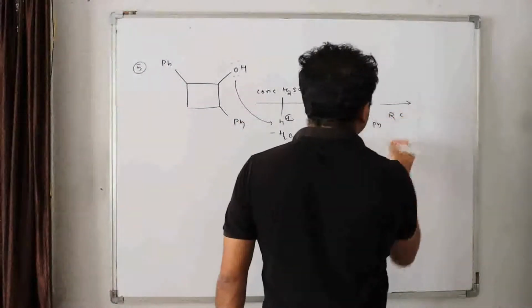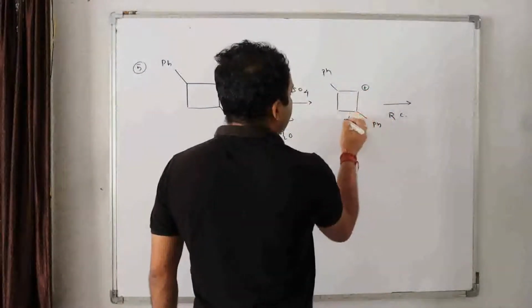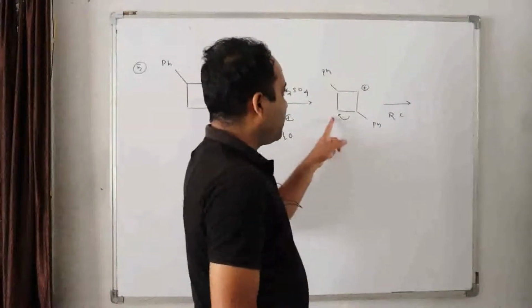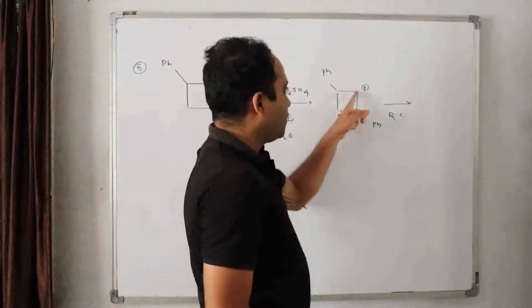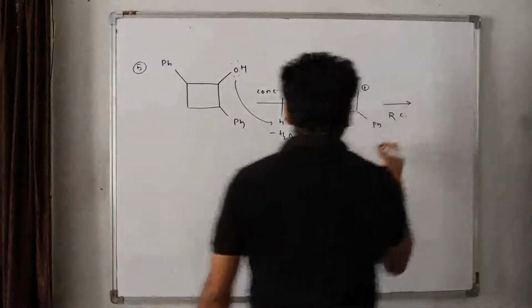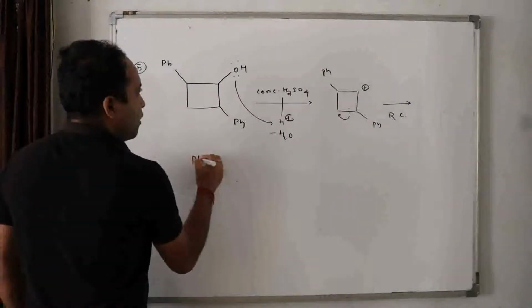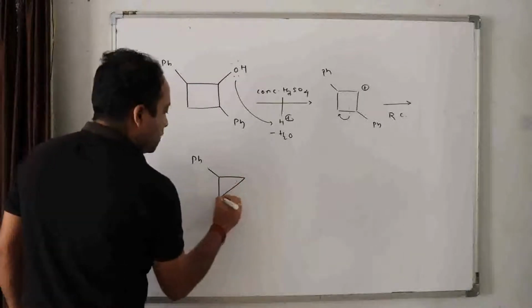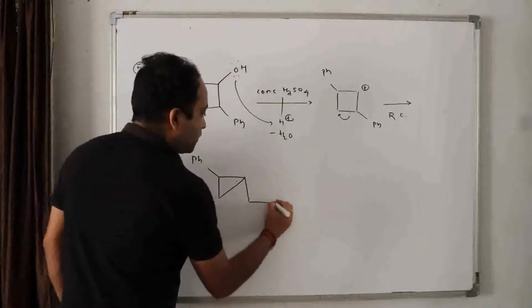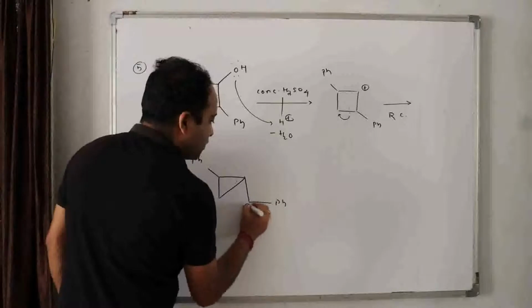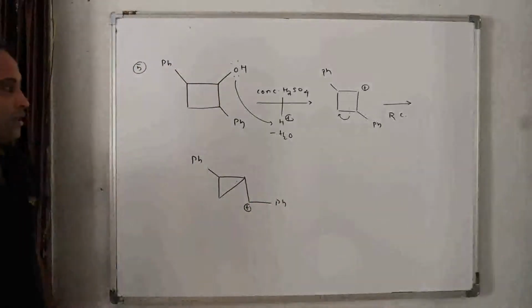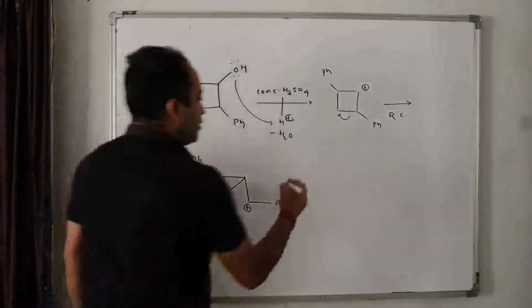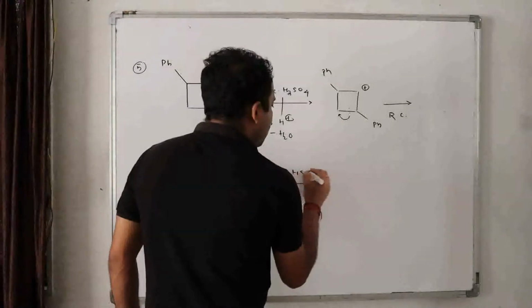So ring contraction. What will happen? Here this will come over here. This will become negative, this will become positive. Now this bond, so what is formed here? Phenyl, and this is phenyl. This is plus. Easy? Now, what will happen with HSO4 minus?